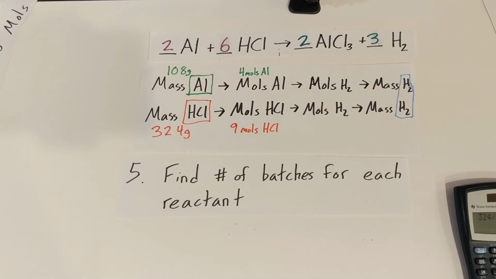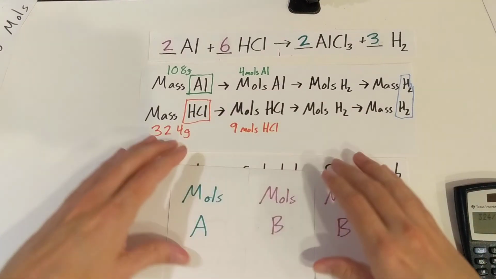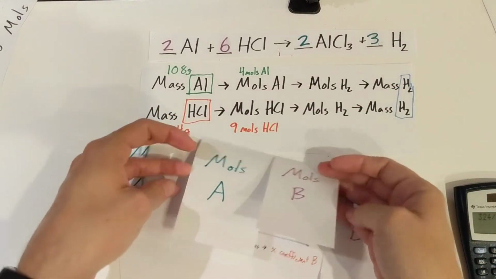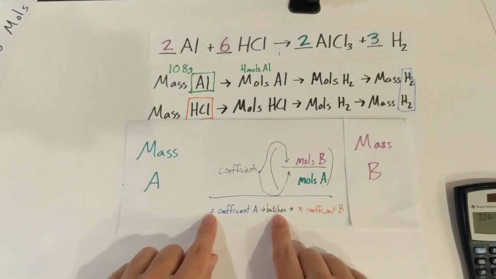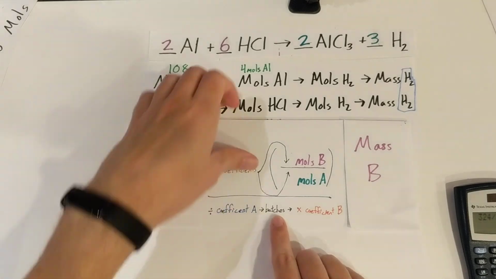So the way we find our number of batches is going to be, and again, you could use this to help us. If you fold these up, the way we find our number of batches is divide by our coefficient.